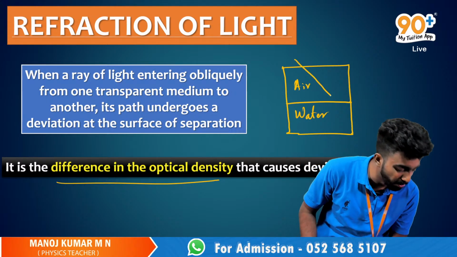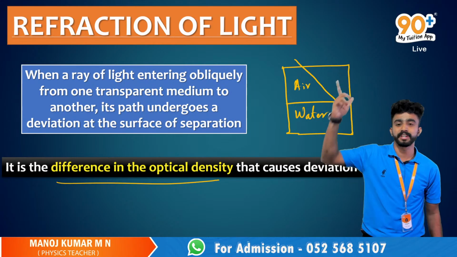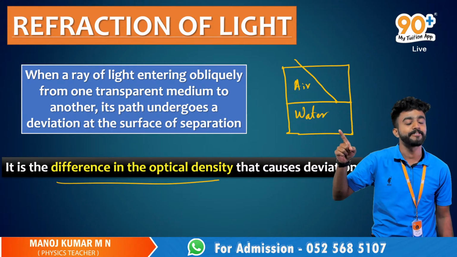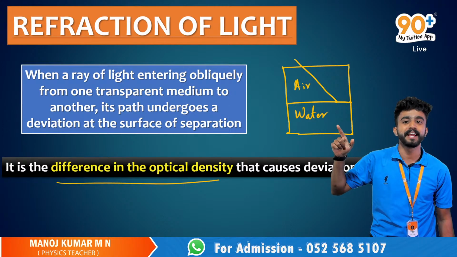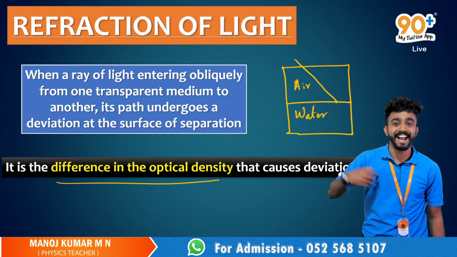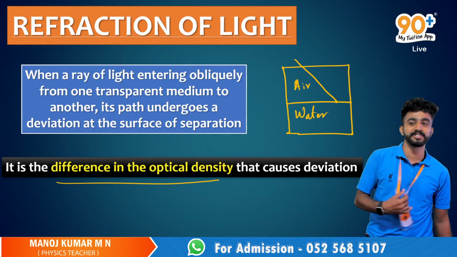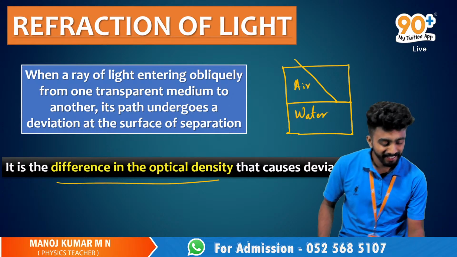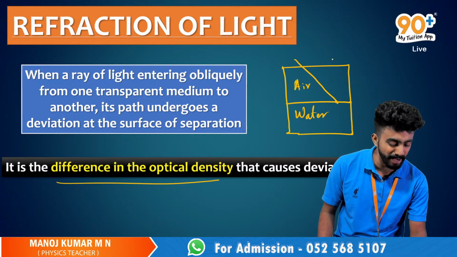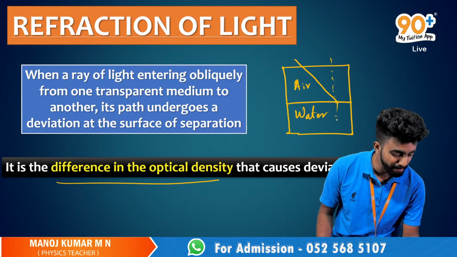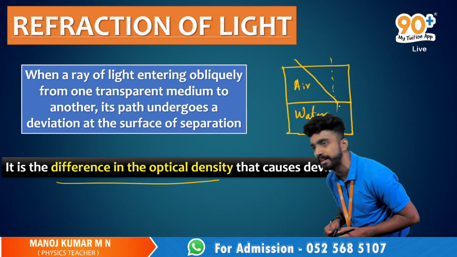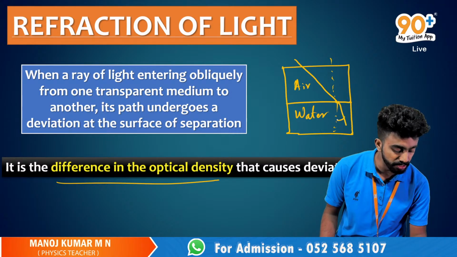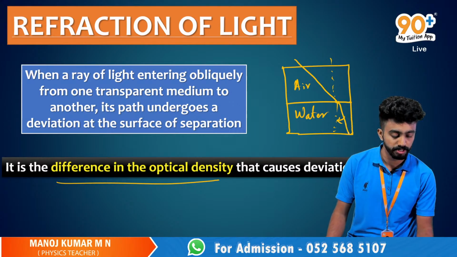Light will be like, I'm not dense here, I'll go according to my wish. But water will be like, I'm so optically dense, please don't pass easily through me, reduce your speed. So light can't go according to its wish and will bend a little, either towards the normal or away from the normal. Since water is more optically dense, it will bend towards the normal.